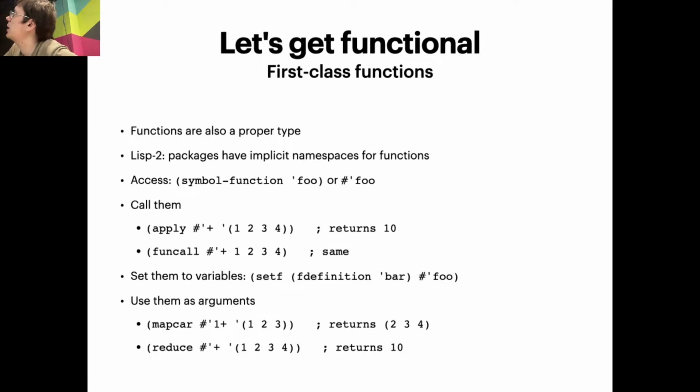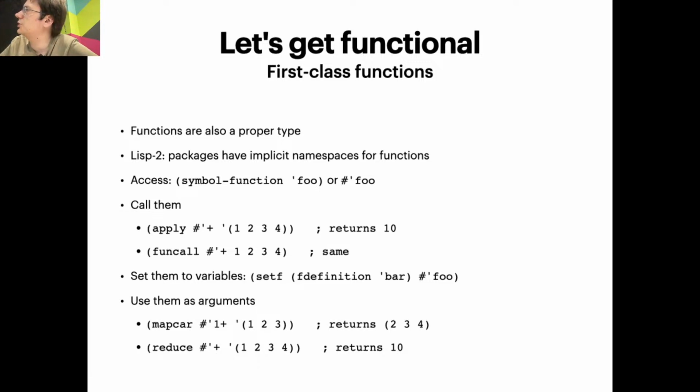For example, mapcar is a function that applies its first argument to the second argument. So in this case, it applies the function 1+, which increments its argument, to this list.